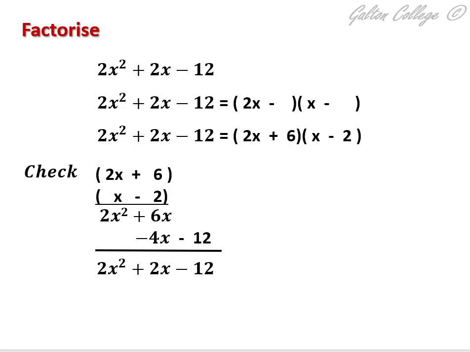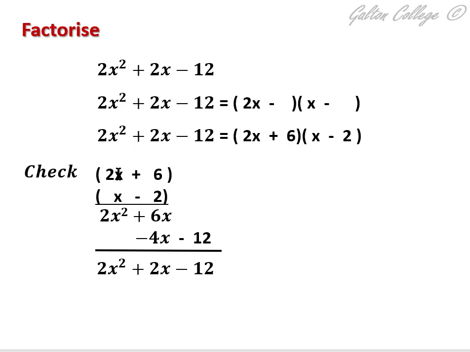First of all, let's check to see if it's right. We can multiply the two brackets out like we did before. So we have 2x plus 6 times x minus 2. Now multiply. 2x times x is 2x squared. x times 6 is 6x. Now multiply by the minus 2.